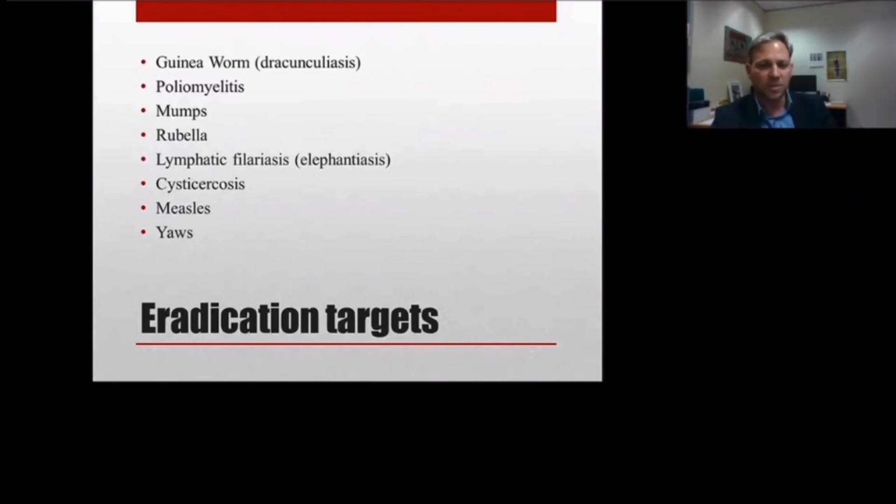That's what's happened in developed countries, and that's what could conceivably happen in developing countries. There's also a vaccine for pigs that's under development, and there are some treatments that can be given to pigs and people that can, in theory, reduce the burden, but it's a pretty tricky one for eradication.